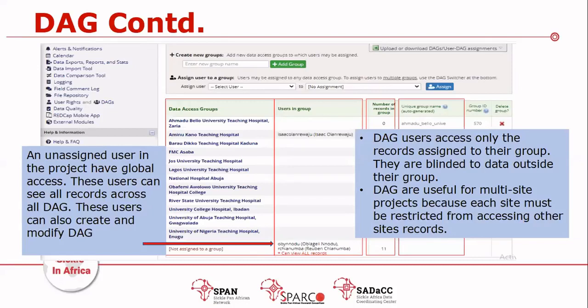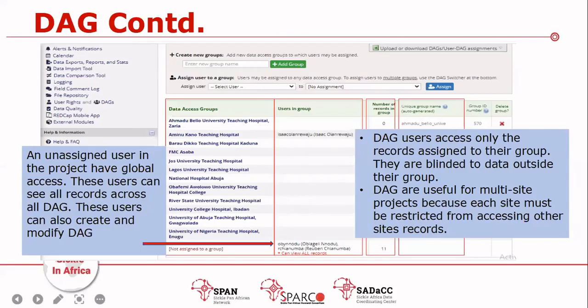Whoever is not assigned to any group, and is also on the project, has global access. So you'll find out that the PI and myself, who are not assigned to any group, have the ability to see data from all sites. The number of records that each site has entered is also shown on this column.